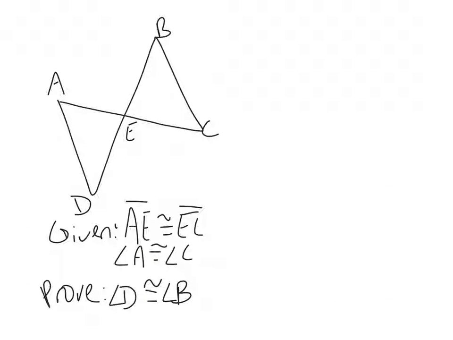All right. So, again, I like to start with jotting down my given info. So let's see here. It says AE and EC are congruent. Angle A and angle C are congruent. And I want to prove these two angles are congruent. Okay? So I don't have them yet, but I want to get there.